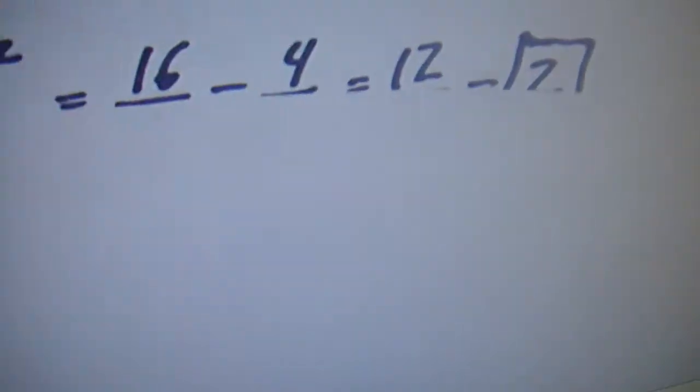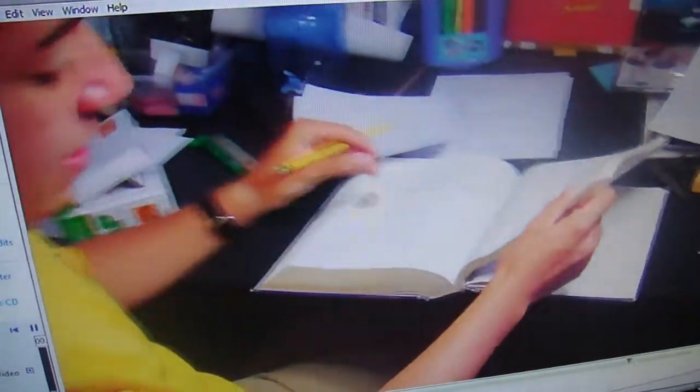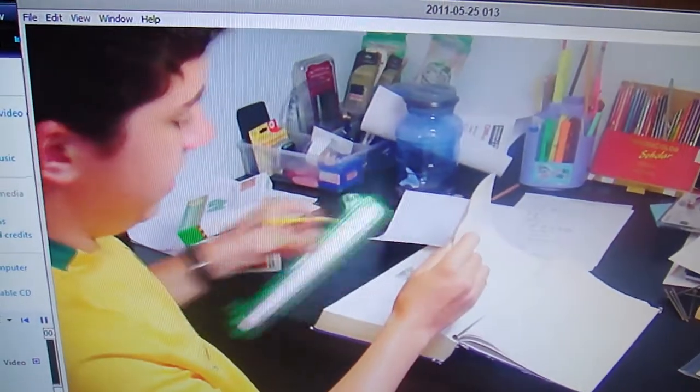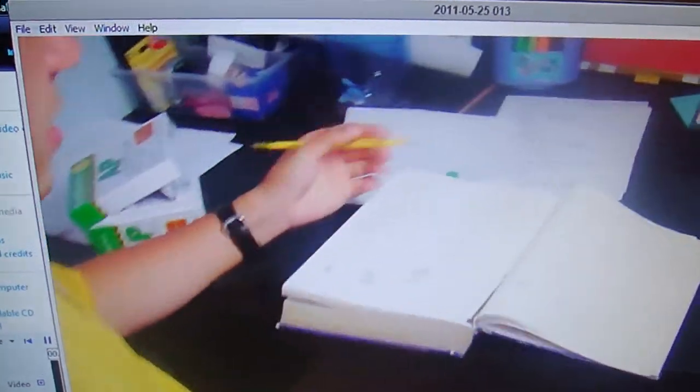Now let's see if we got that one correct. And the reason why I wasn't able to get the other one checked is because they only have the odd numbers. So we have number 3, and it's 2, and we got 2. So yes.